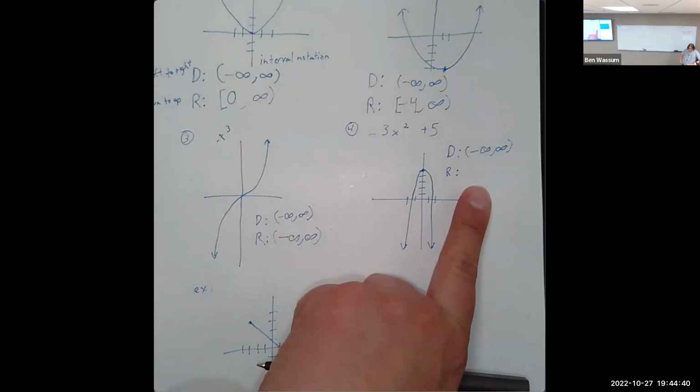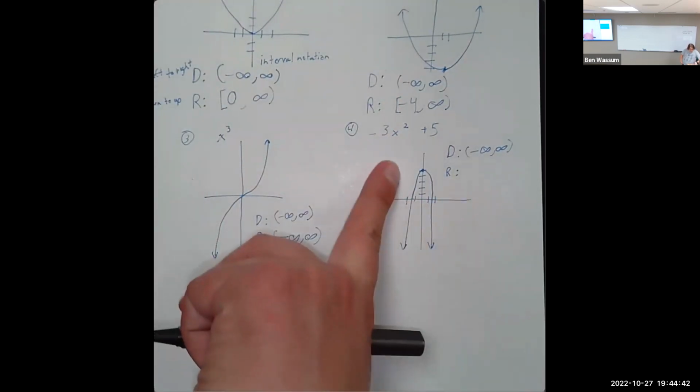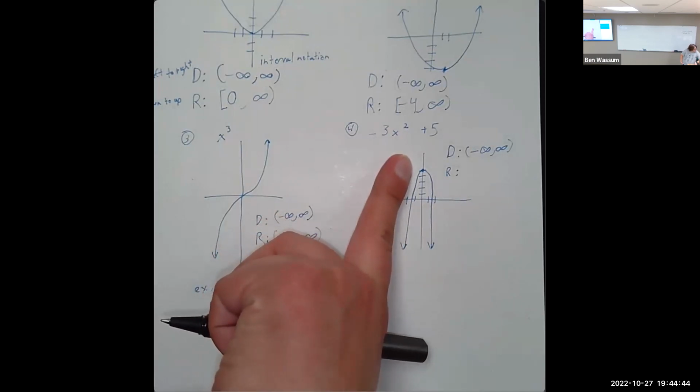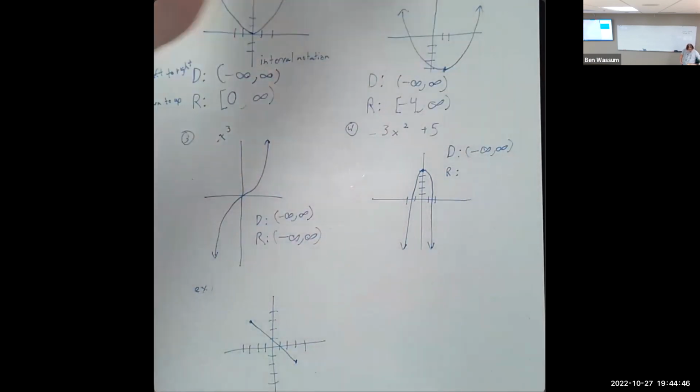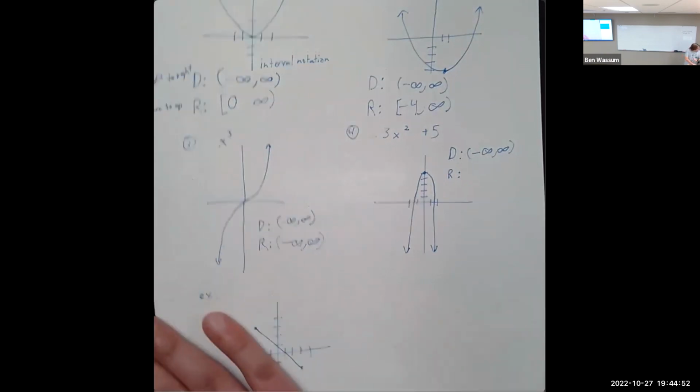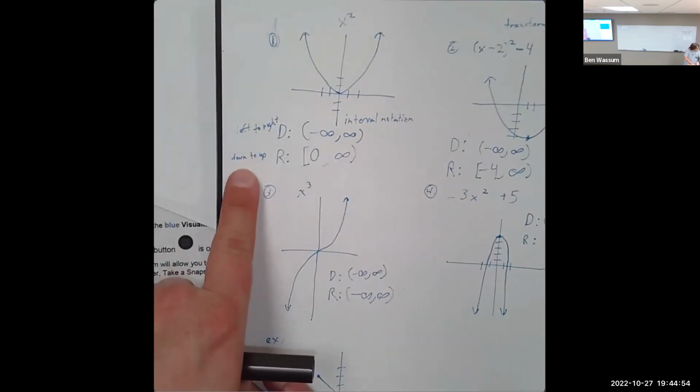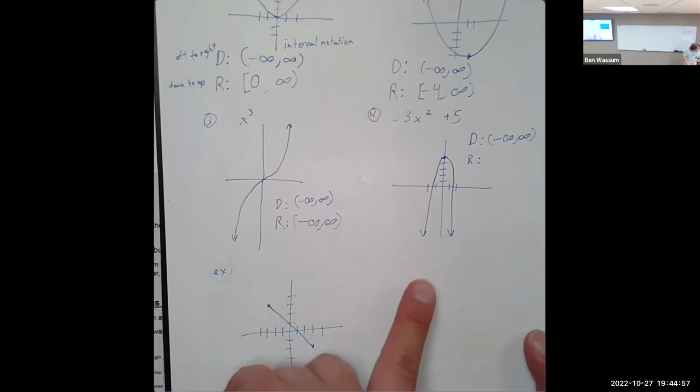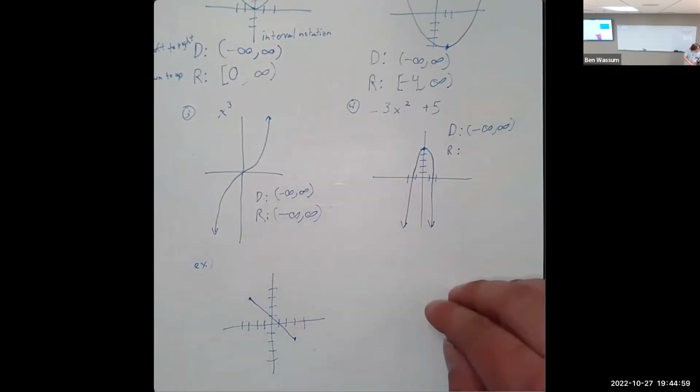But the range, well, it stops going up at one point, right? Now, on a problem like this, you might be tempted to say, okay, yeah, it goes 5 all the way down to negative infinity. No, they always have to be written down to up. Always, always, always. They have to go from the lowest value to the highest value, no exceptions.